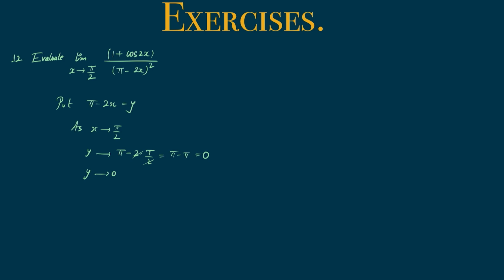So my question becomes limit y tends to 0 1 plus cos of 2x. I can replace from here, as you can see, 2x will be equal to pi minus y. So in place of 2x, let me write this pi minus y. So it will be cos of pi minus y, whole divided by, and since this denominator we have assumed as y, it will be y square.